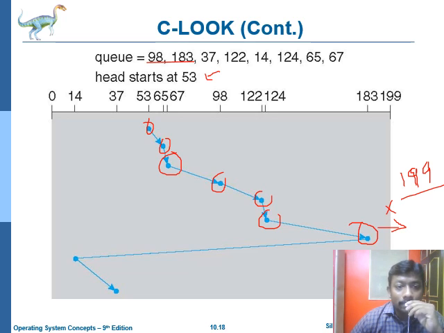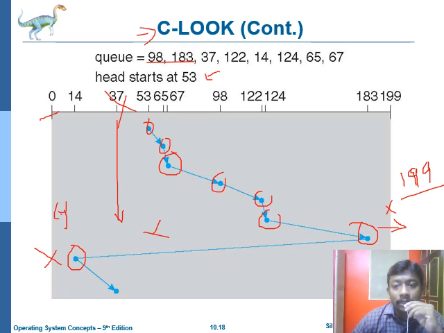So again it will return without servicing. Say, for example, it won't service the 37th one. It will reverse towards the 14th sector, not the initial point of the cylinder. The initial point of the cylinder is actually the 0th sector, and in C-LOOK it won't go there.